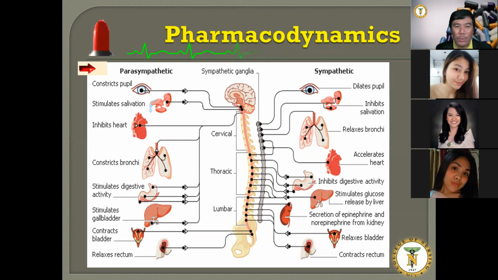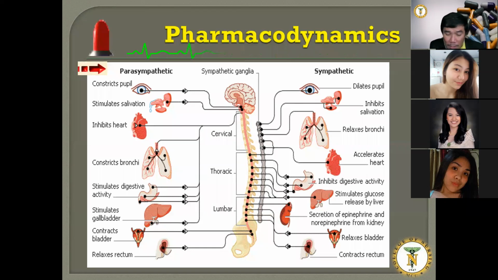I wish to assure you that once you will be familiarized with parasympathetic at saka sympathetic nervous system, class, these are very basic concepts that you must know, because this will really guide you in all the drugs that you may encounter, because somehow most of the mechanisms of action of drugs are anchored already with sympathetic and parasympathetic.